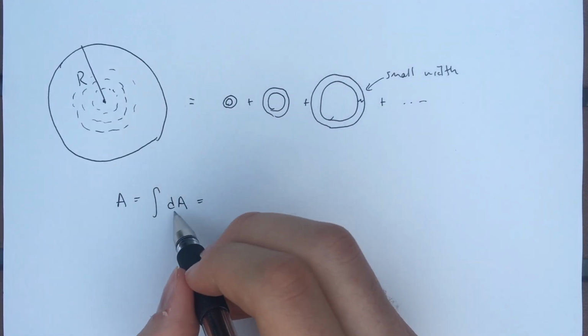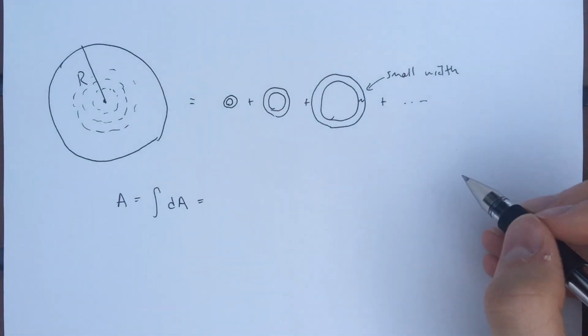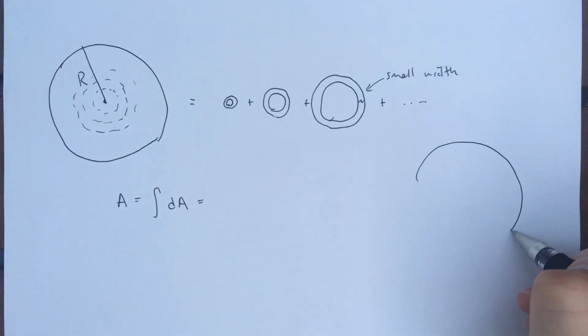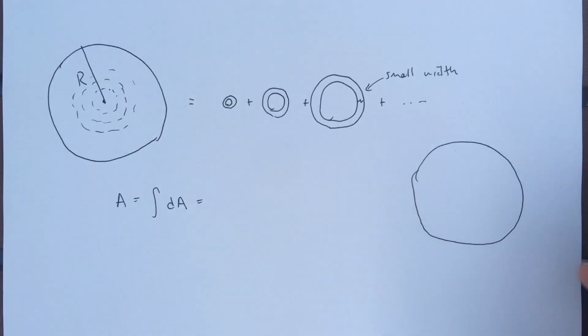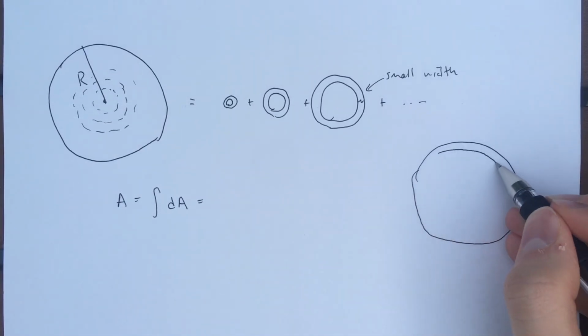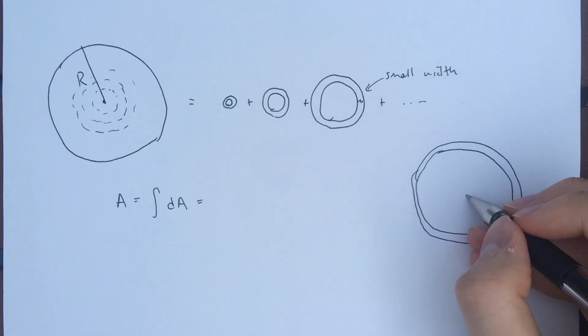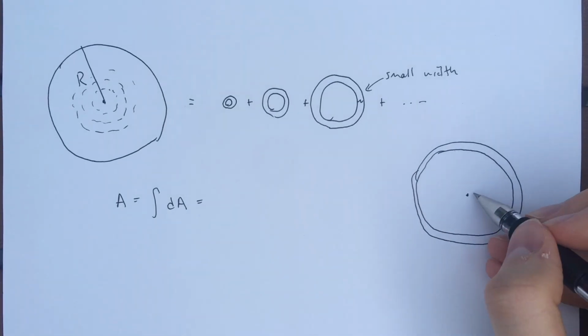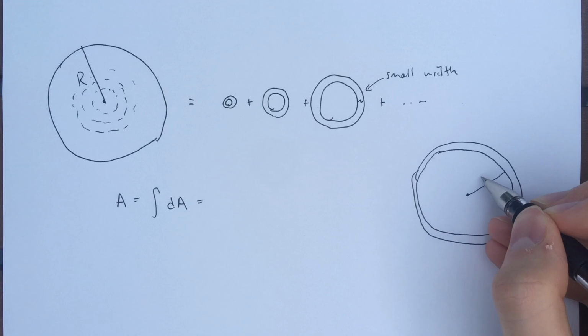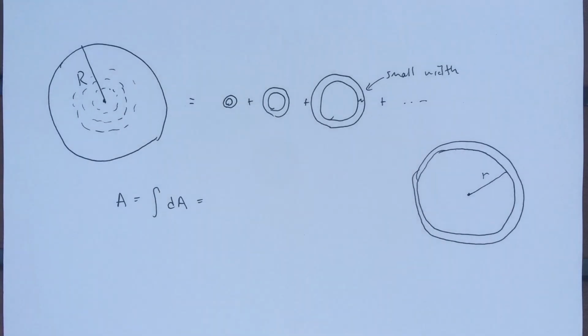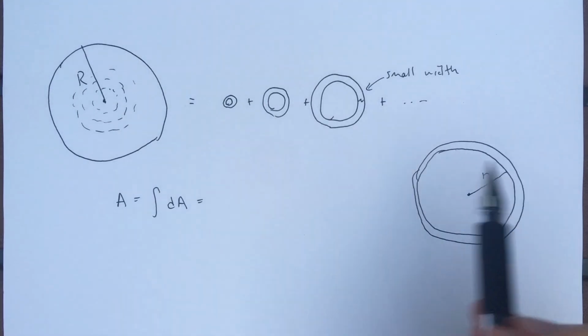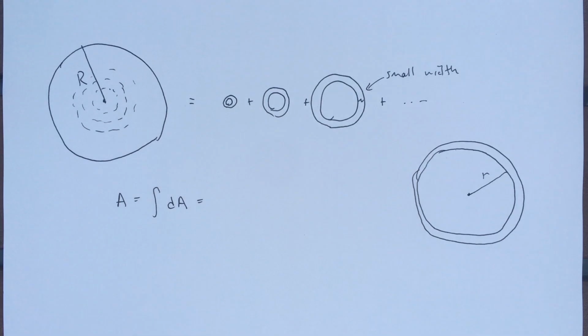And what is the area of each ring? Well, let's assume we have a ring with a radius of small r. And of course, this is going to be smaller than capital R.